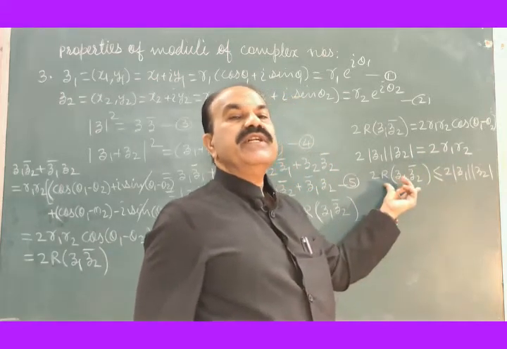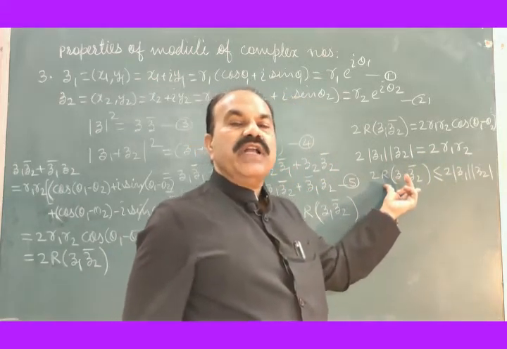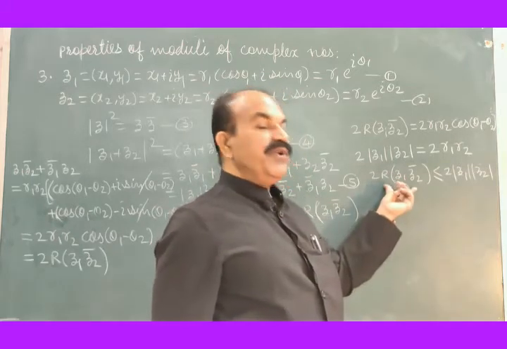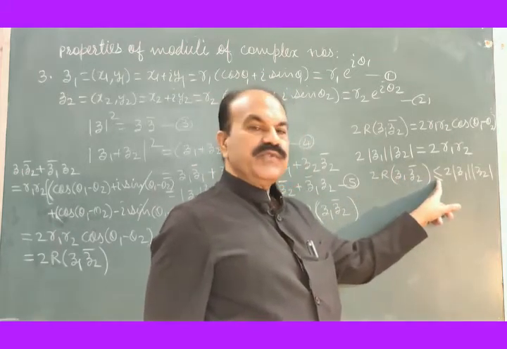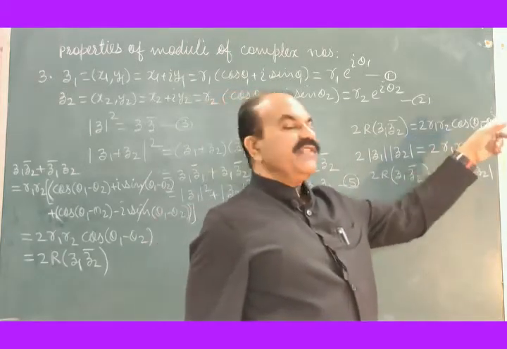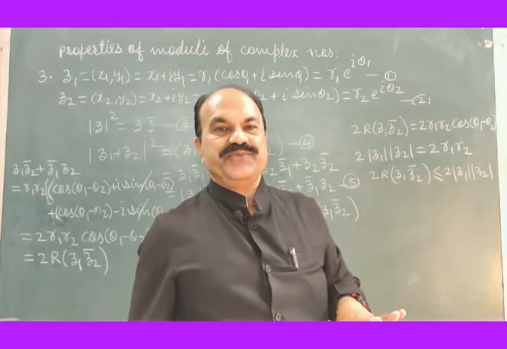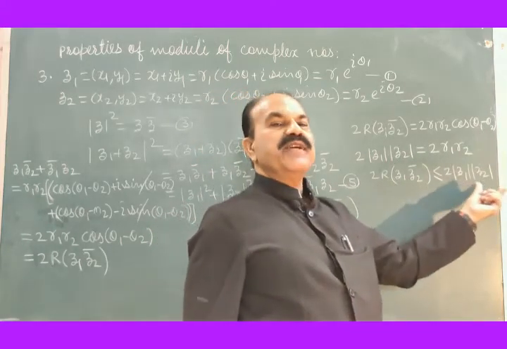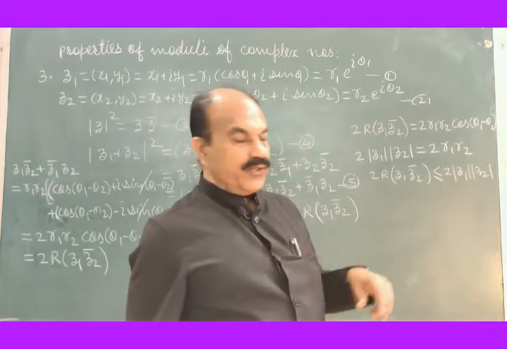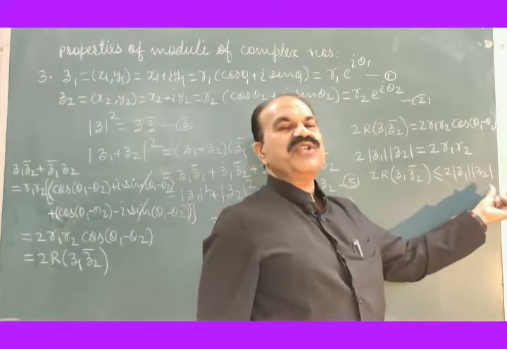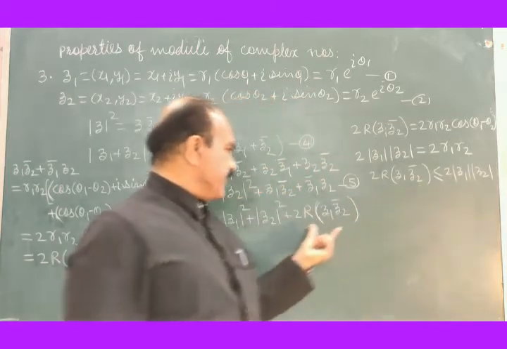It is not always 2 times R1 R2. It will be 2 times R1 R2, so I can have equality only when cosine of theta 1 minus theta 2 is 1. Otherwise, this term is always smaller than this. So, let me introduce 2 times modulus of Z1 into modulus of Z2 in place of this here.